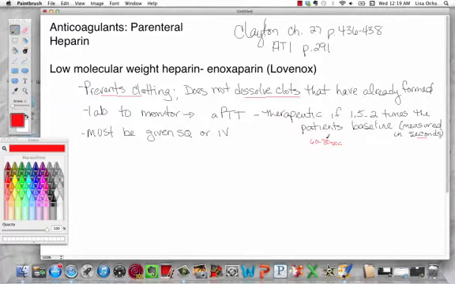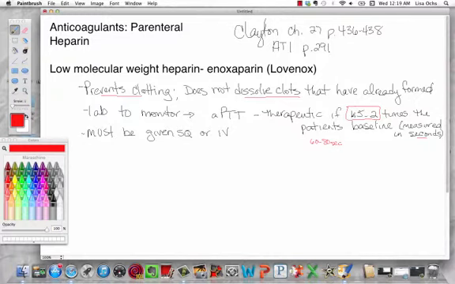So the lab numbers are going to fluctuate a lot, and basically what you're looking for is if the value is 1.5 to 2 times the person's baseline. That's an important number to remember right here, because you may see a test question that gives you a baseline and then gives you the patient's number and asks you, is this value within normal range?